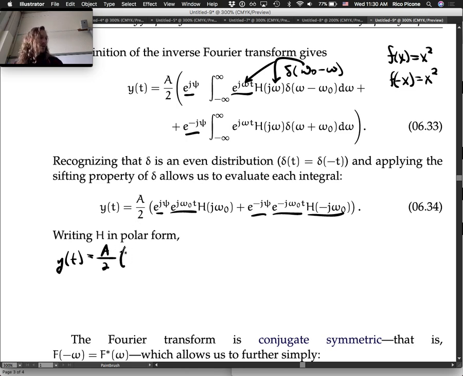Y of t is equal to a over 2. So we still have the e to the j psi, e to the j omega naught t. This we can write as a magnitude times a phase, right? So magnitude of h of j omega naught e to the j, and then we would do the angle of h of j omega naught, so as a magnitude and a phase.